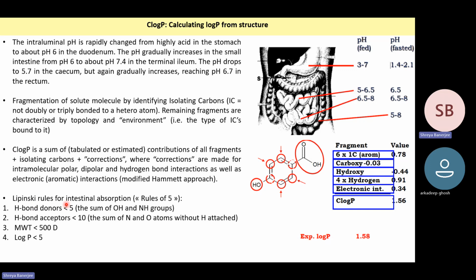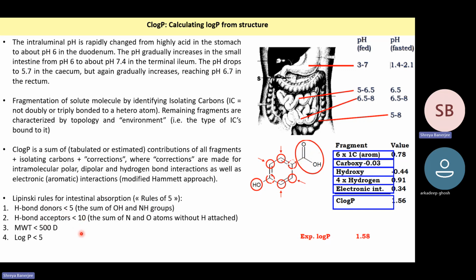Now, there are certain rules for intestinal absorption, which are the Lipinski rules. Any drug must obey all the Lipinski rules. One is the hydrogen bond donors, that is the sum of OH and NH groups, must be less than 5. The second point is the hydrogen bond acceptors, that is the double bonded O, double bonded N, and so on.